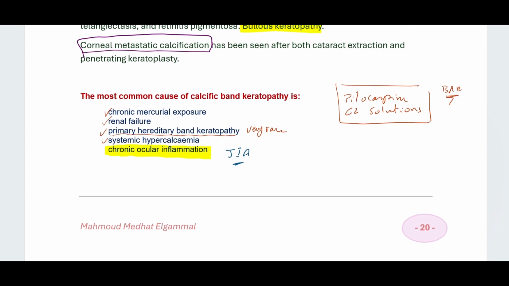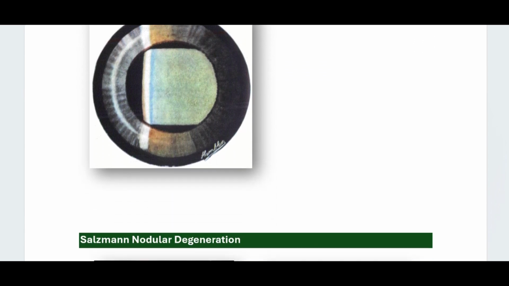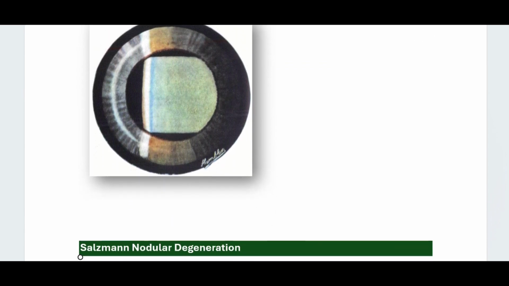Just out of courtesy, I need to discuss with you chronic mercury exposure and its effect on the eye. As we just mentioned, it might be from either preservatives in eye drops or chronic exposure to mercury vapor in industry.